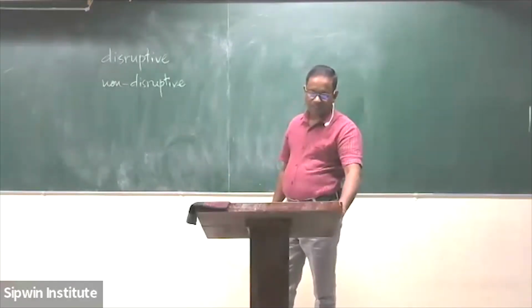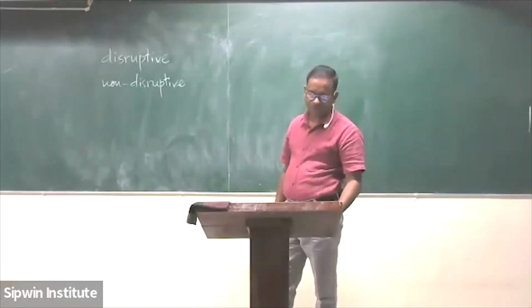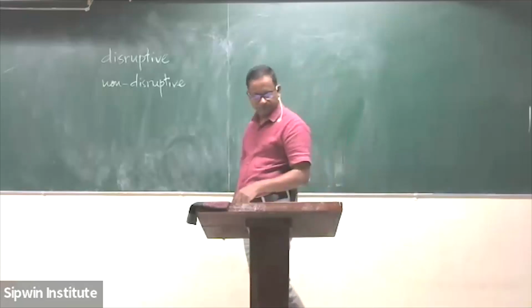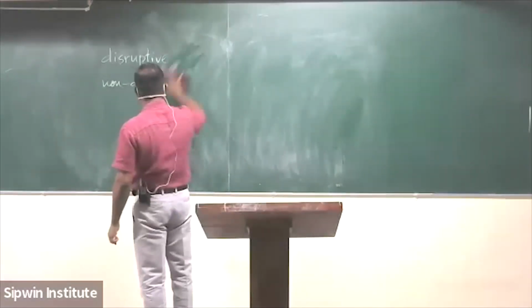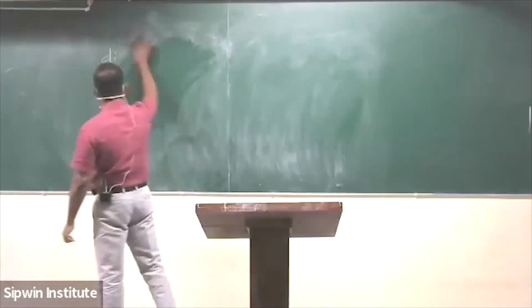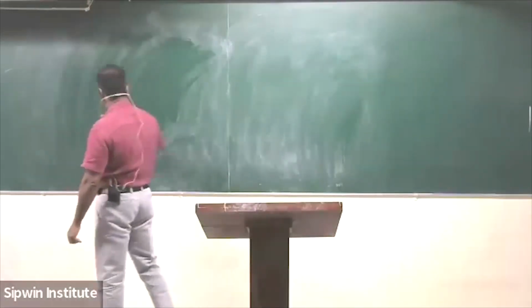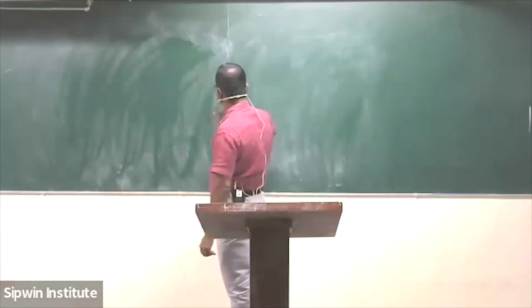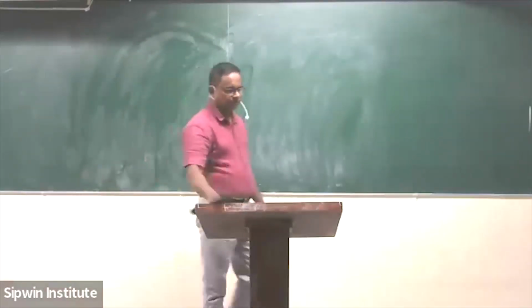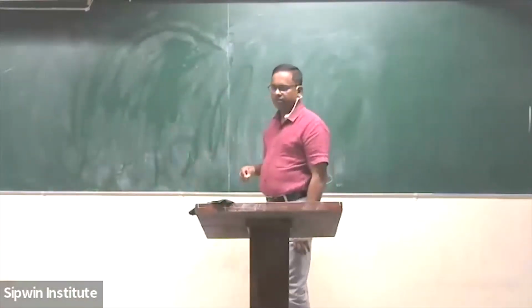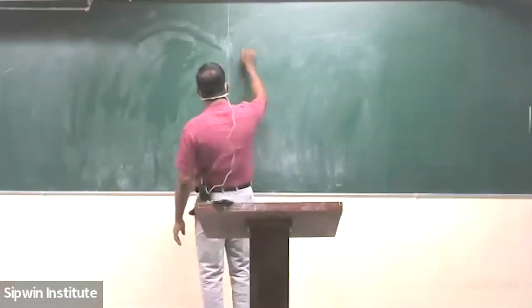Last we had this: the physical quantity should be directly proportional to the concentration of the components. Examples. First example, number one, spectrophotometric method.